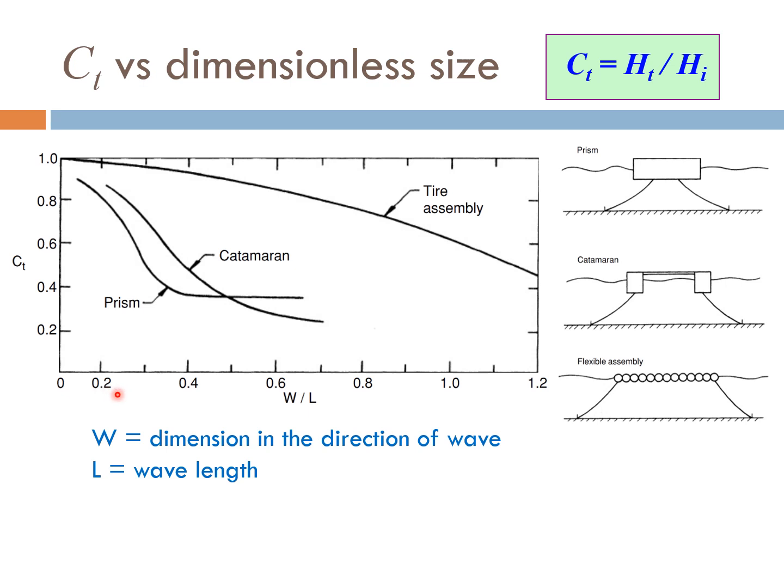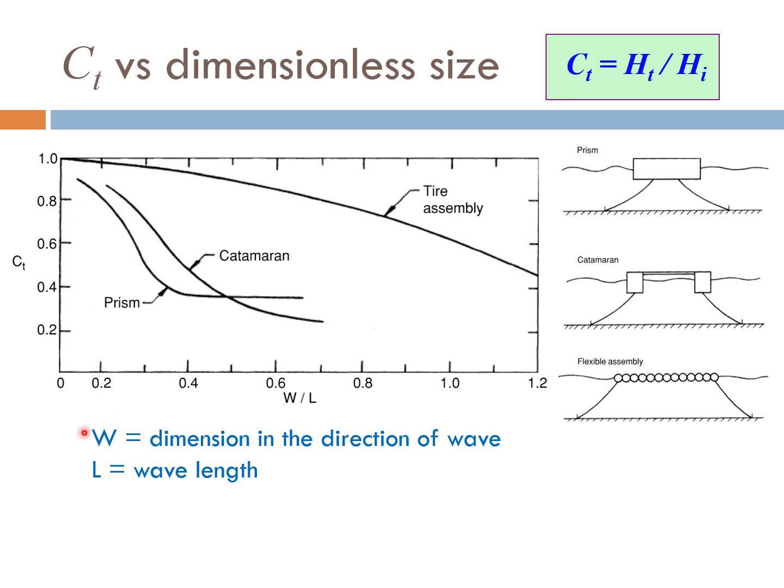For small W/L value, we notice that the transmission coefficient is high, which means that not much of the energy can be reflected or dissipated. But on the other hand, the energy moves through the breakwater. Essentially, the breakwater becomes transparent to the incoming wave field.